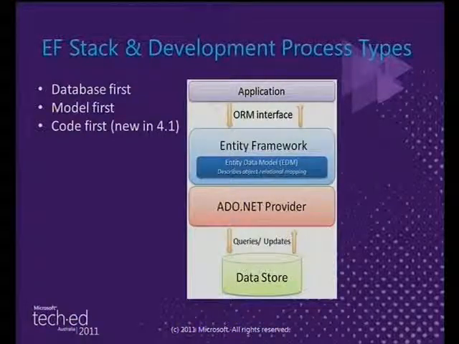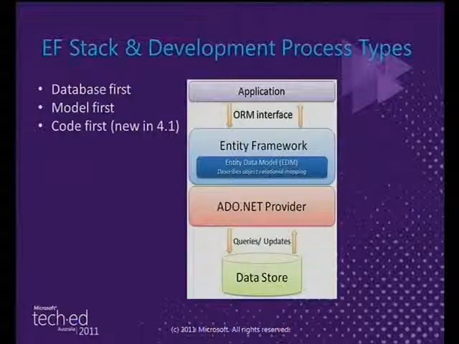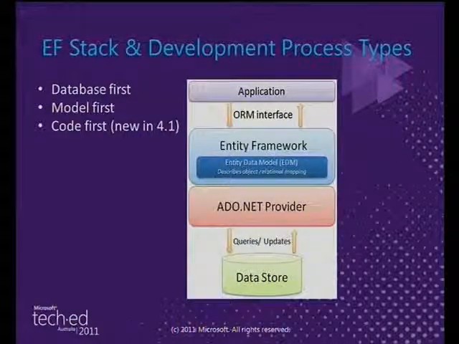Code first, this is the new one, new in 4.1: I prefer to write basic classes, often called POCO classes, plain old CLR objects. I prefer to think in terms of customers, products, and their attributes, and I wish to generate the artifacts, the models and the databases, from Entity Framework through Visual Studio. Okay? So you know what is most appropriate for your particular situation, and you might use more than one. Entity Framework supports all three types.